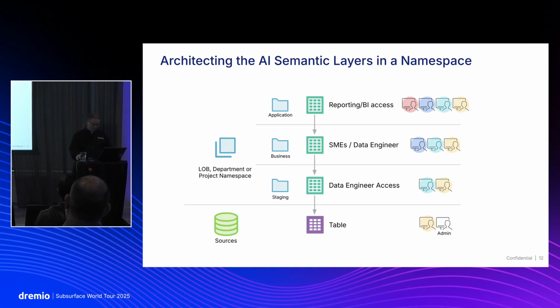Some rules of thumb for the application layer. Again, the application layer is likely only going to access views in the business layer. Sometimes I have seen it go to the staging layer for dimension tables, for example, in some cases. Again, it's a rule of thumb. All things being equal, it would be best to go to the business layer, have something in the business layer.